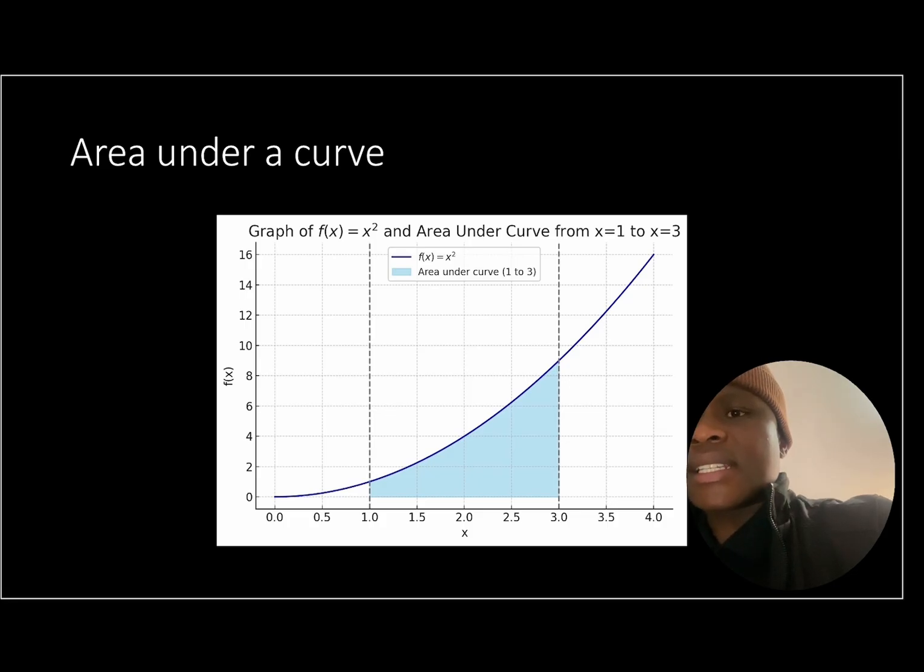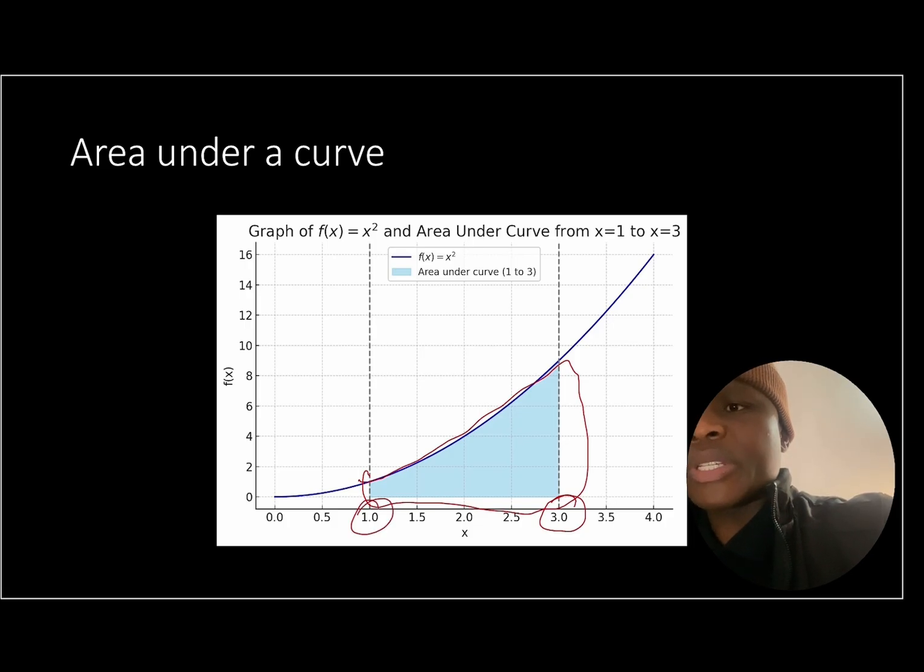We see the space highlighted in light blue. This is the area we're going to find, from 1 to 3.